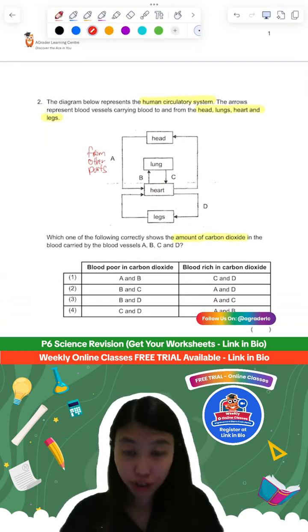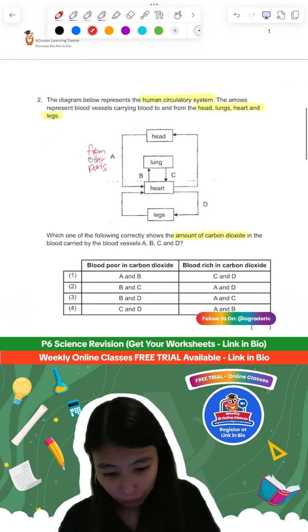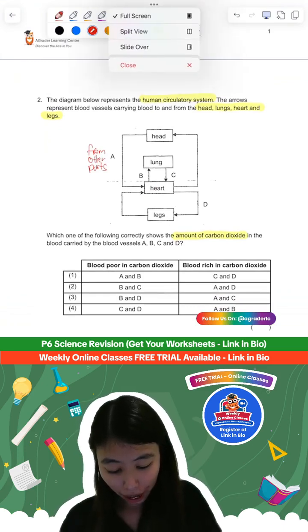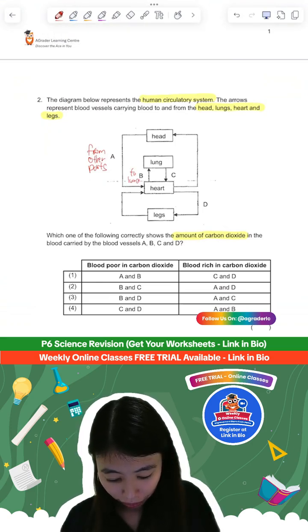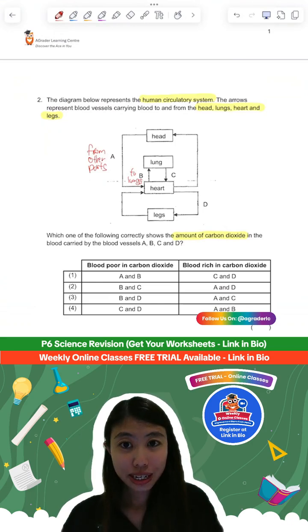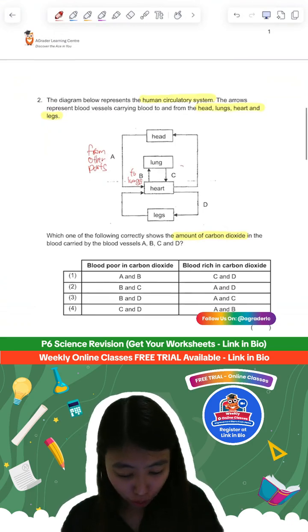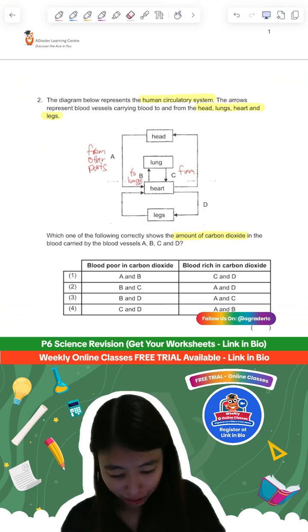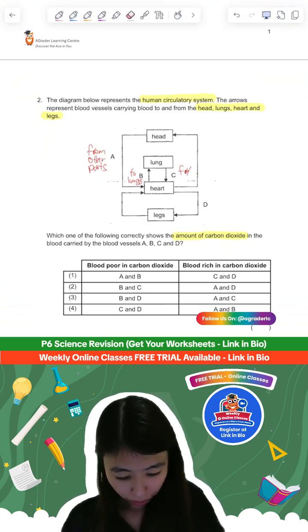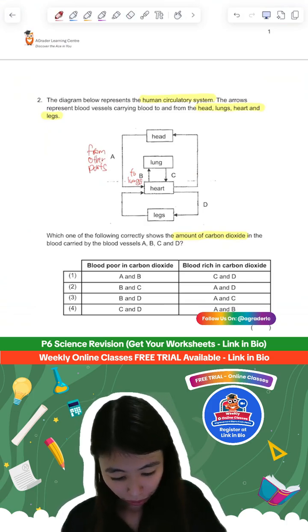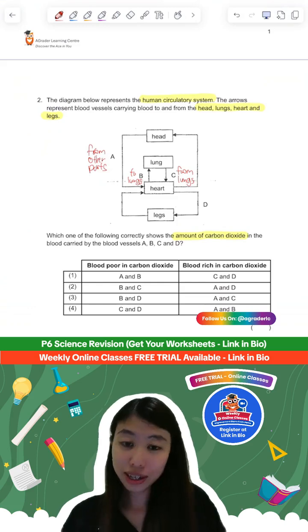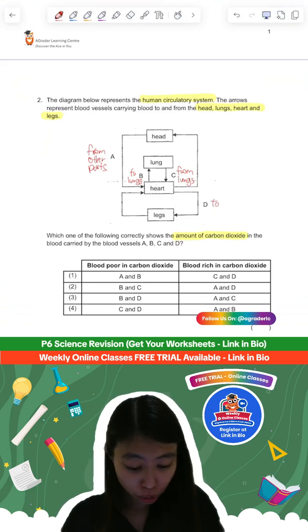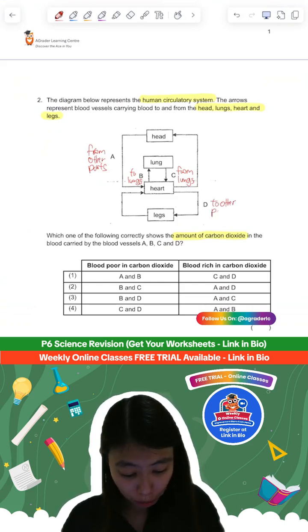B is sending blood to the lungs. C is sending blood from the lungs. D is sending blood to other parts of the body.